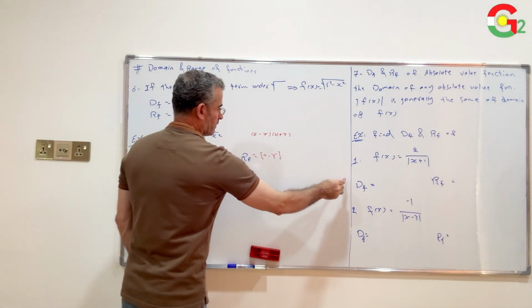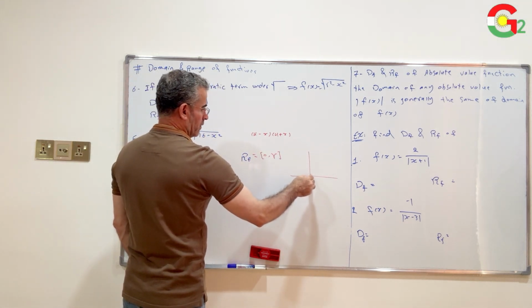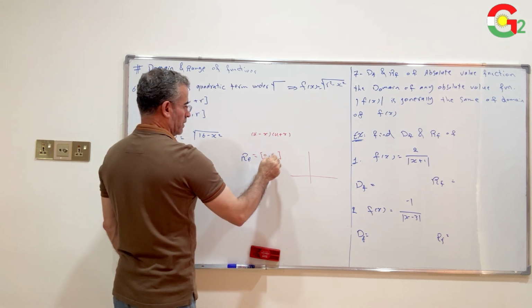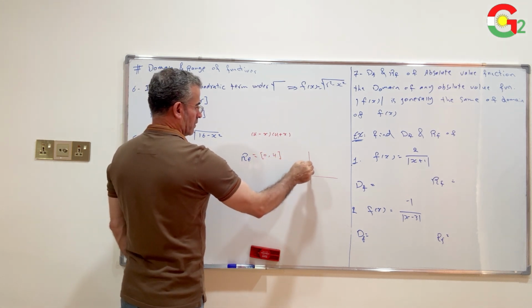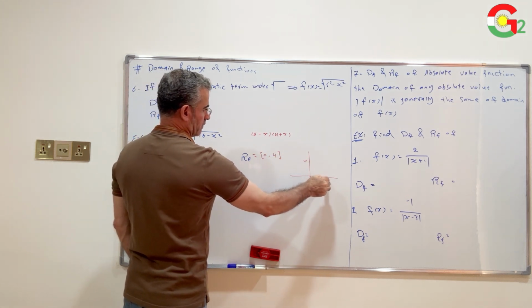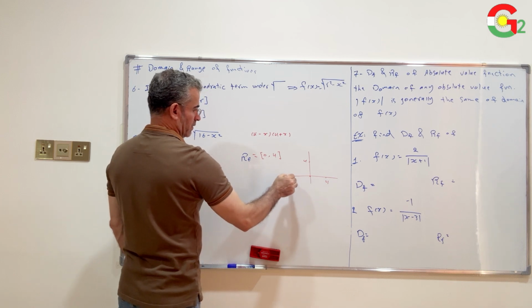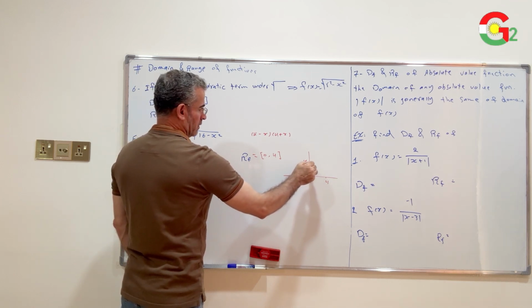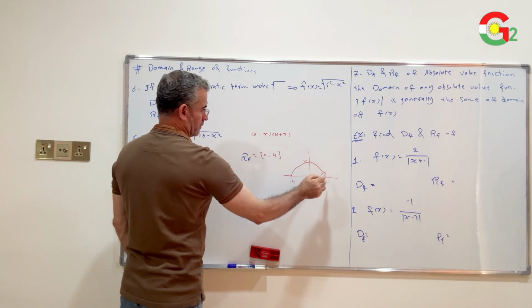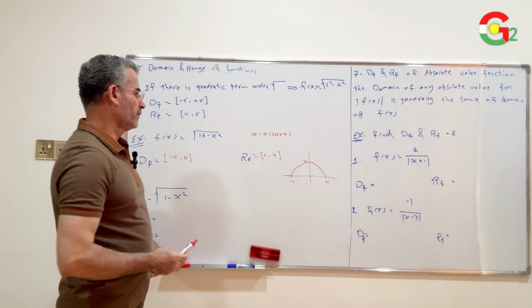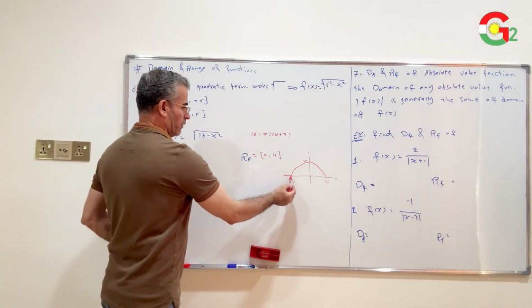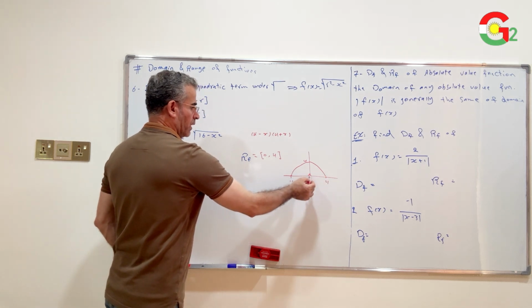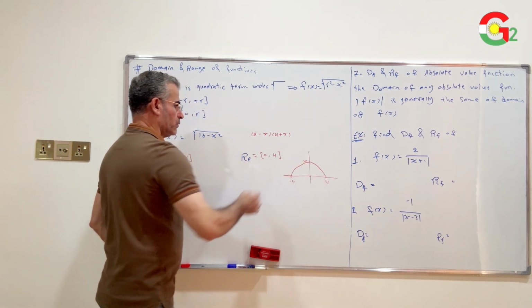The graph of this function, this is 0, this is 4, this is negative 4, will be a half circle. The domain is from negative 4 to 4 and the range from 0 to 4.